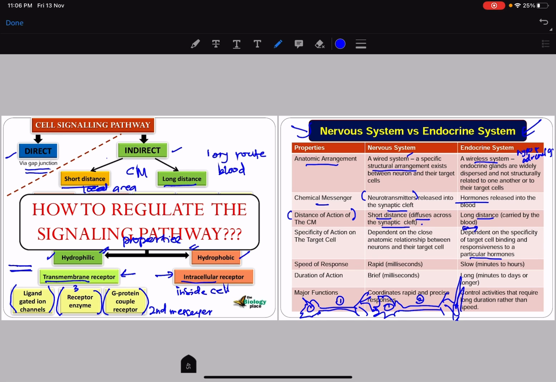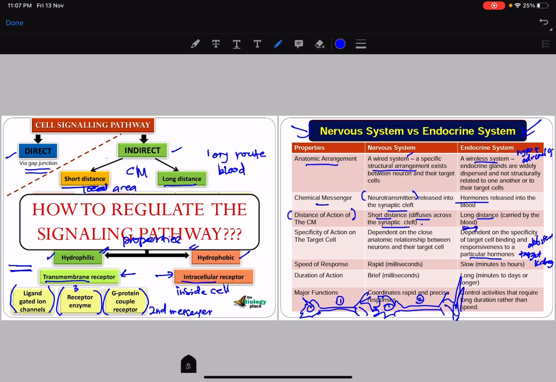For example, just now, the adrenal gland secretes aldosterone. Aldosterone will travel in the blood to the target organ or target cell, which is the kidney. So this is specific.